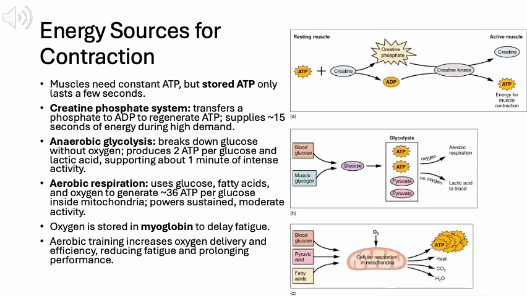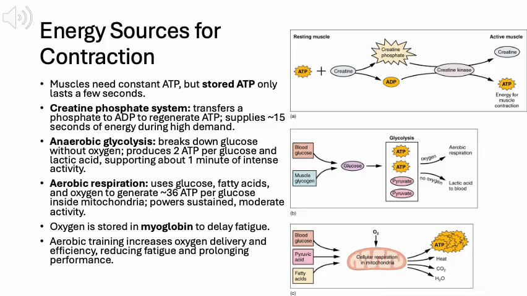Muscles require a constant supply of ATP, but stored ATP only lasts a few seconds. For immediate needs, creatine phosphate donates its phosphate to ADP, generating ATP for about 15 seconds. After this, anaerobic glycolysis provides energy by breaking down glucose without oxygen, producing 2 ATP per molecule and lactic acid as a byproduct.